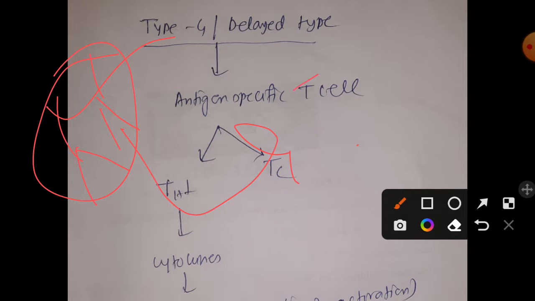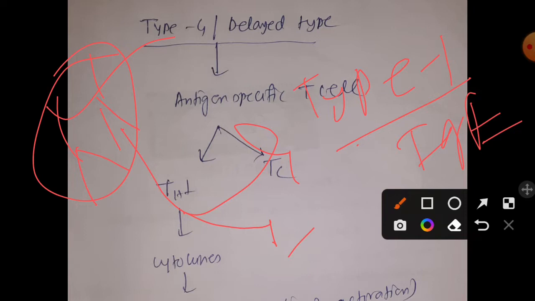For example, type 1 hypersensitivity reaction is due to the presence of IgE. Type 2 hypersensitivity reaction is due to the presence of IgG and IgM, and type 3 hypersensitivity reaction is due to IgG. And type 4 is not due to antibody, but rather it is an antigen specific T cell mediated hypersensitivity reaction that we are going to talk about today in a very brief manner.